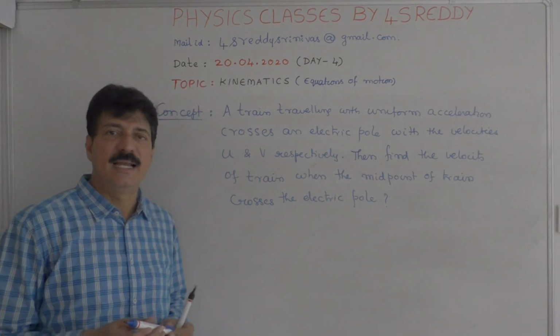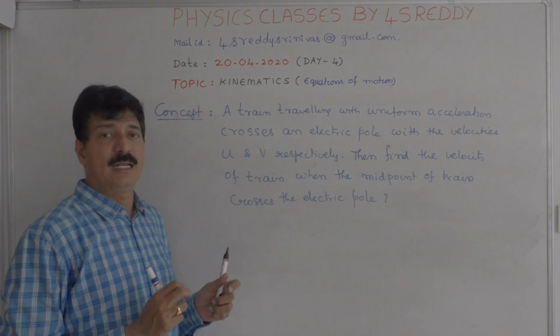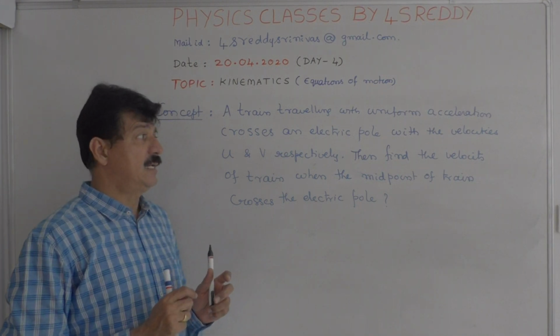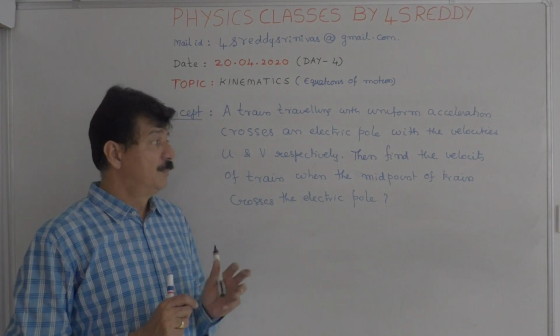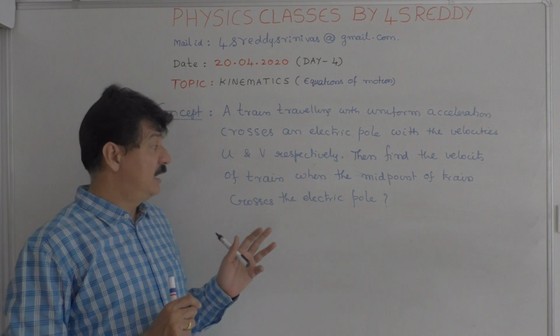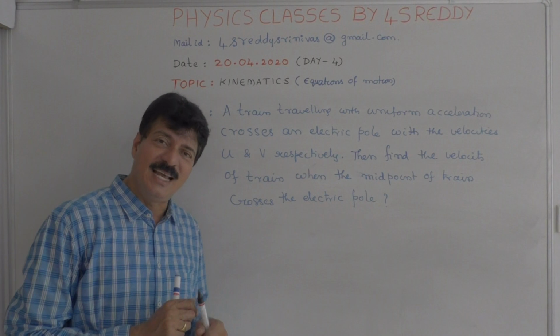This is the question again. So, a train traveling with uniform acceleration crosses an electric pole with the velocities u and v respectively. Then find the velocity of the train when the midpoint of the train crosses the electric pole.